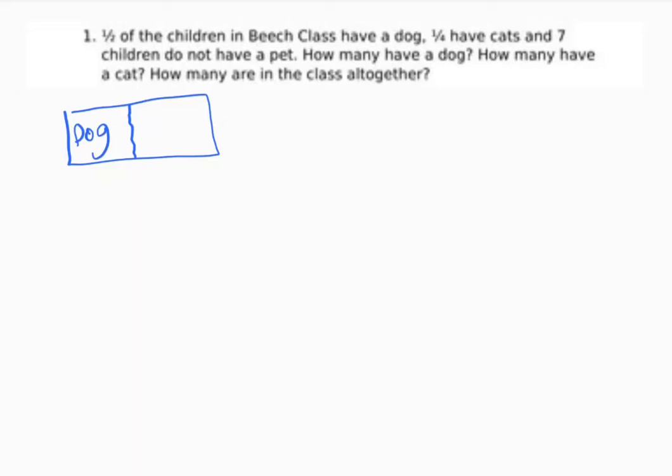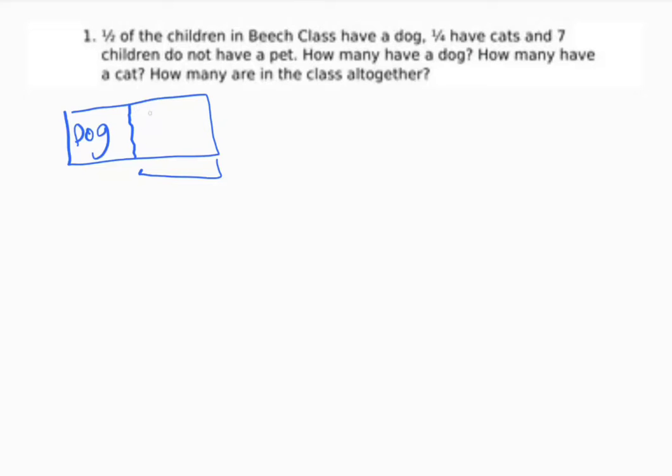Now the next bit says that a quarter have cats and 7 children do not have a pet. From our diagram, half is now shaded because half of them have a dog. So the rest are in the other half, this bit. Now we need to understand the meaning of a quarter. A quarter means half of a half.